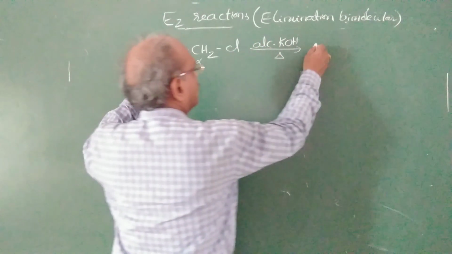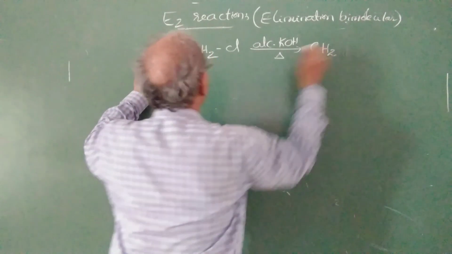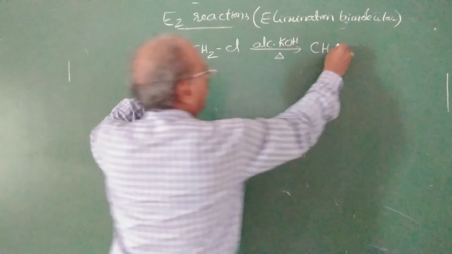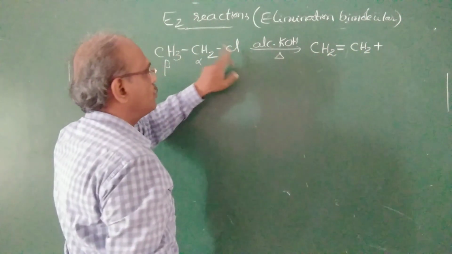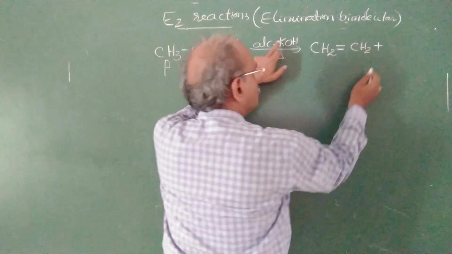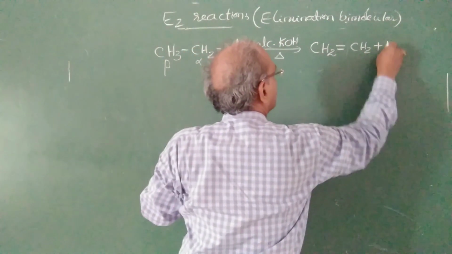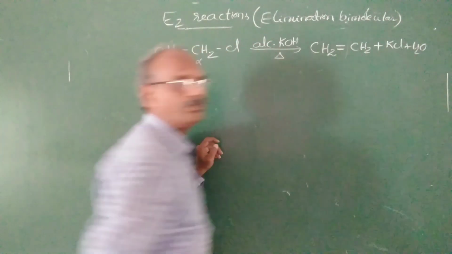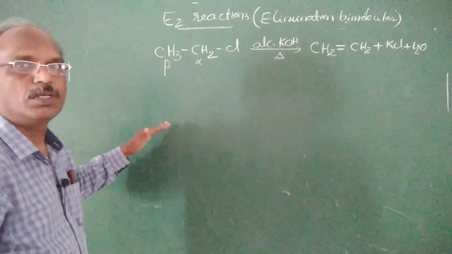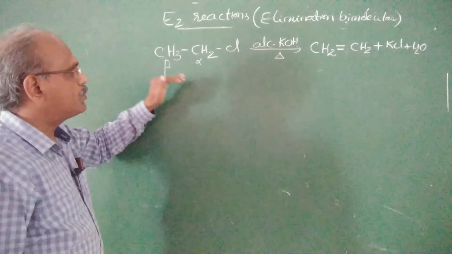So the product is CH2=CH2 plus HCl, and that HCl reacts with KOH to give KCl plus H2O. These are the products.